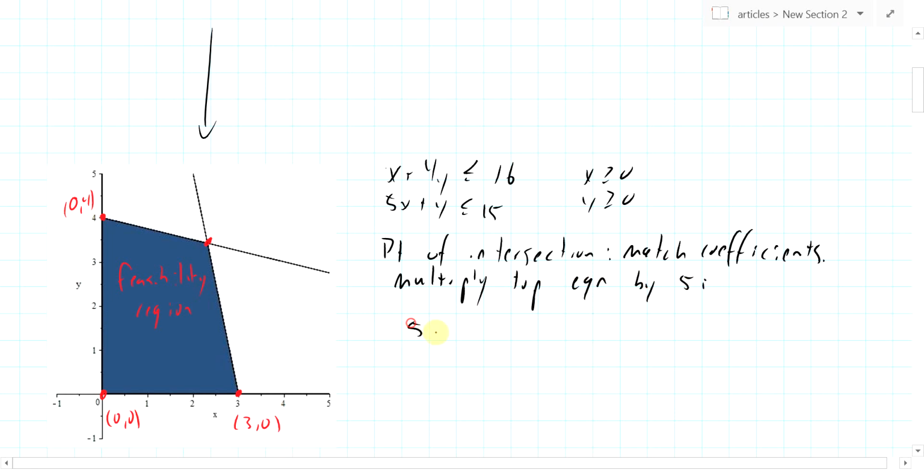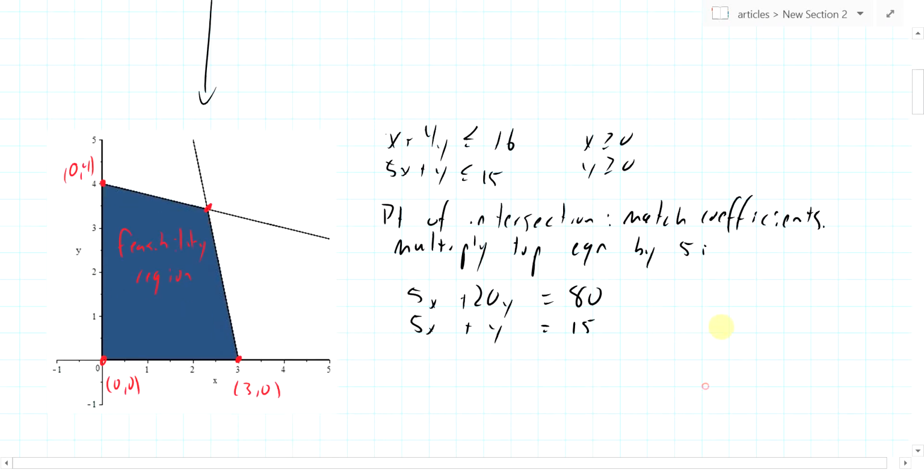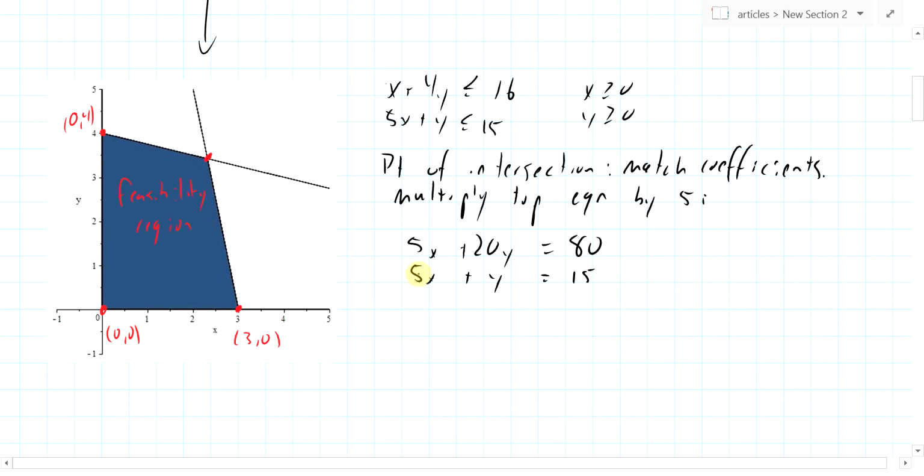And then it'll give me 5x plus 20y equals 80, and the second equation remains unchanged. Right? So now I've matched the coefficients on x, so we just subtract these 2. What do we get? 5x minus 5x is 0x, 20y minus 1y is 19y, 80 minus 15 is 65. And that tells me what y is.